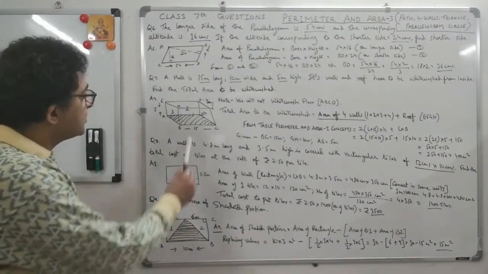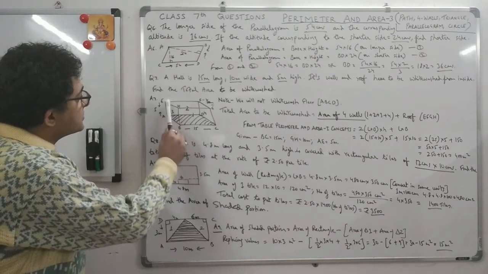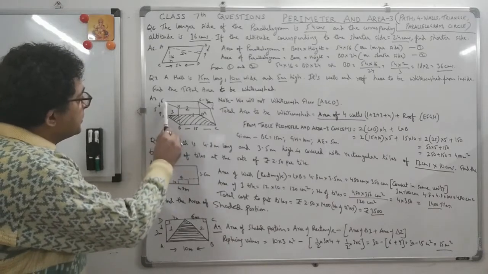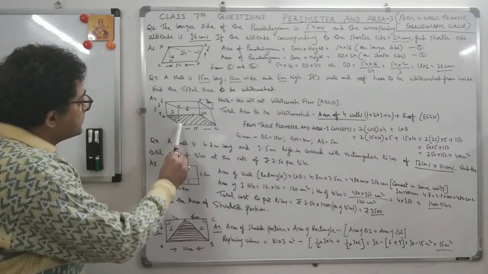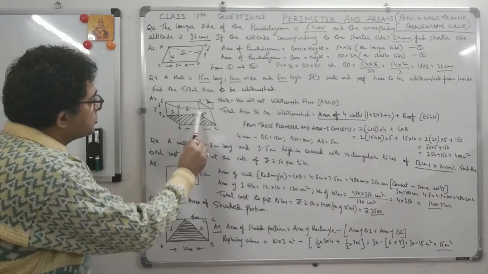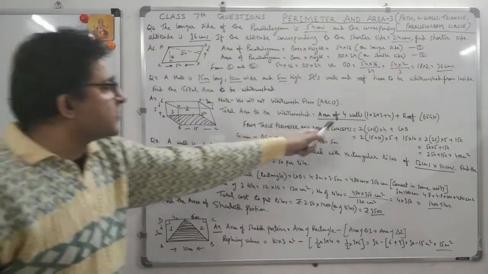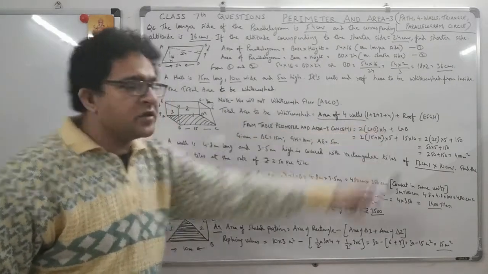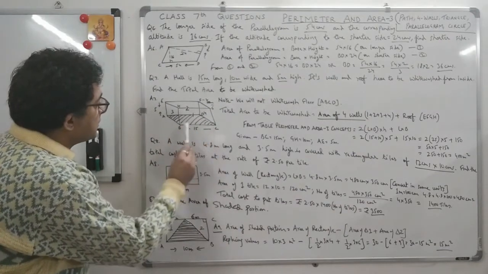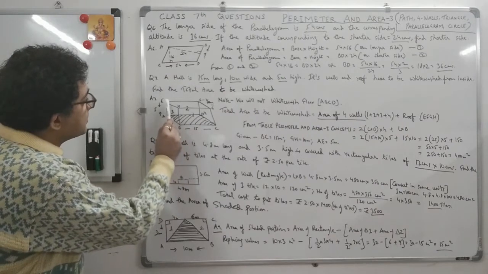So you see this 1, this is 2, this is 3 and 4. This is the area of 4 walls. So the area to be whitewashed is the area of 4 walls, 1 plus 2 plus 3 plus 4. Again I show you: 1, you see this one, 2 is at the back.